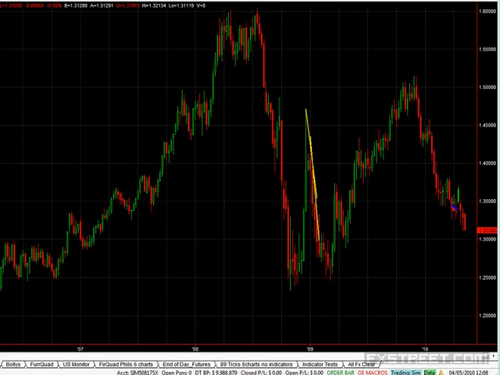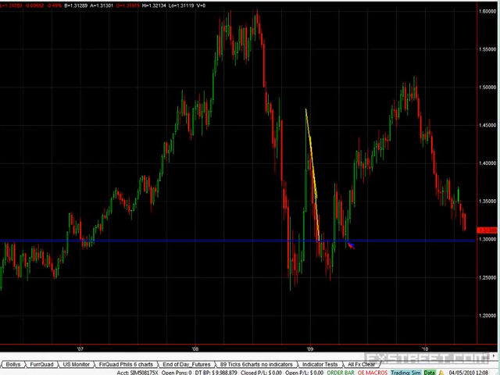Now, there are one or two areas along the way, and 135 was one of those emotive round numbers. The next big emotive round number is 130. So are we going to see price drop down to here? Highly likely, I would have thought. And 130, we look left, pop in a line, and what have we got there?